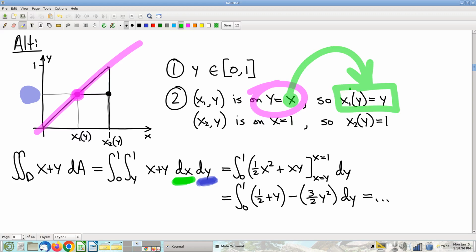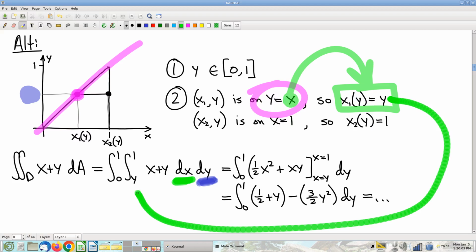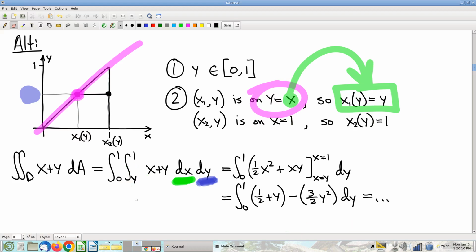I need to know what function of y tells me x. And the function of y that tells me x is y, not x. X is wildly wrong. Does that make sense to everybody? Okay. Cool.